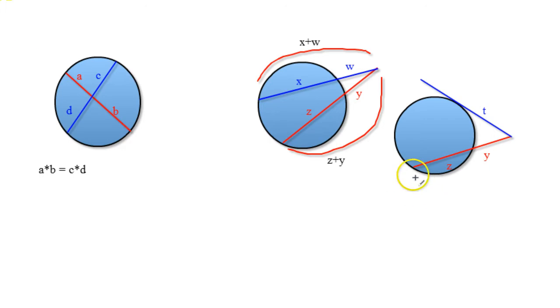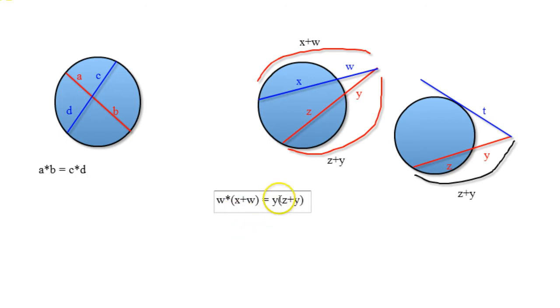Now on this one right here, you will actually just add up these two, and I'll show you how this one works. So this would be z plus y. The formula is actually set up like this: w times x plus w equals y times z plus y.